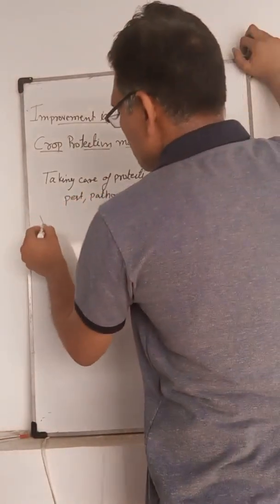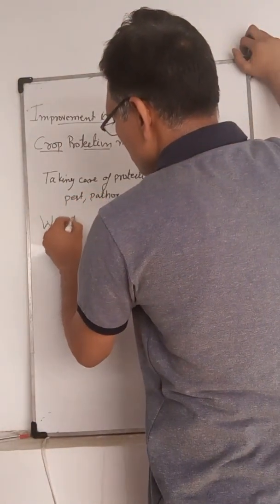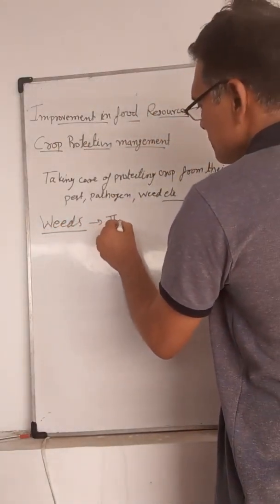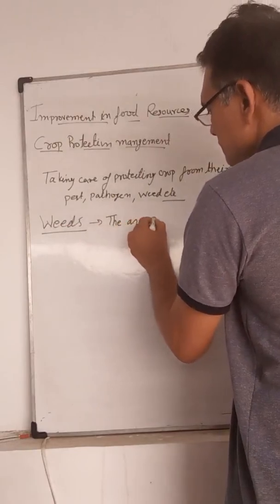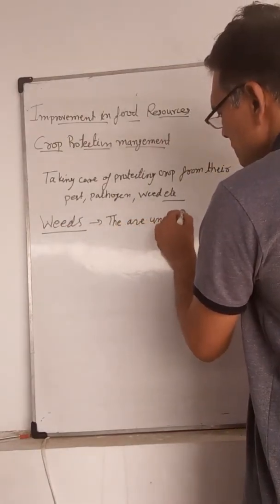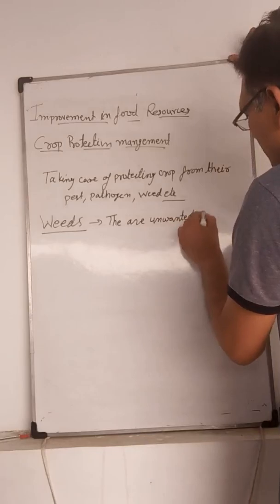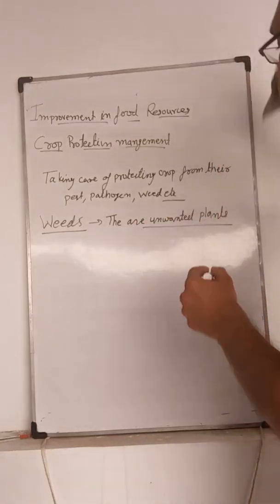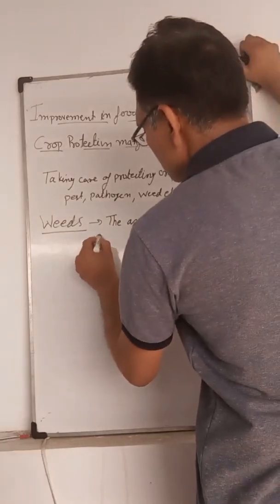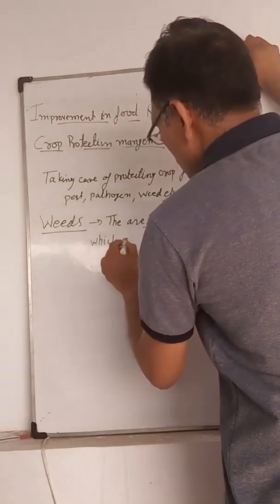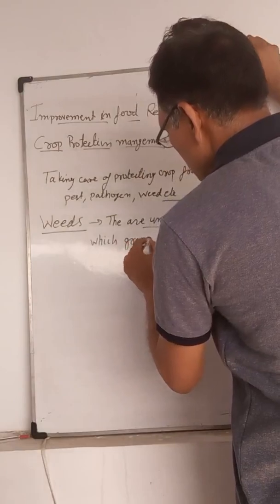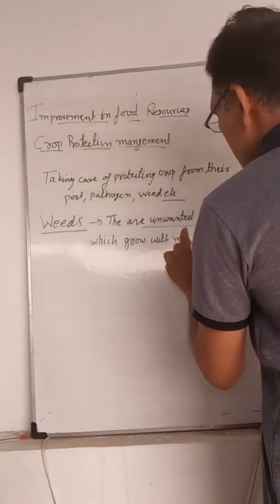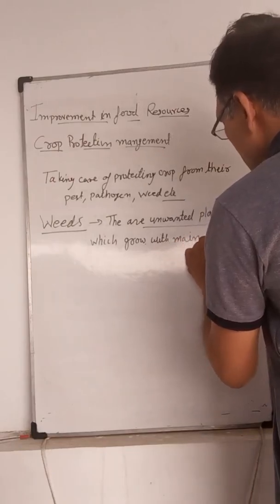First of all, weeds. Weeds are unwanted plants which grow with the main crop or cultivated crop.